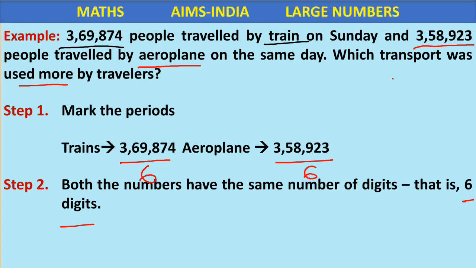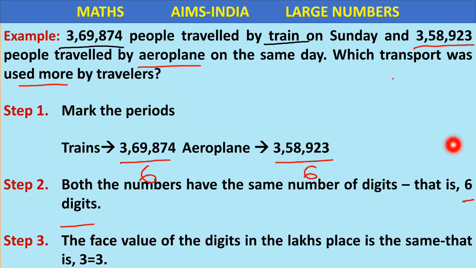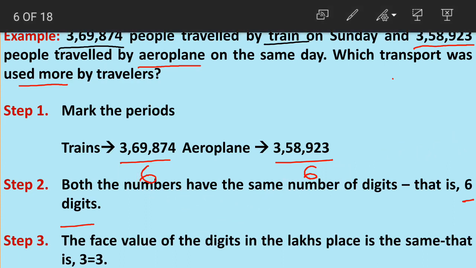Now what should we do? We should start comparing the digits in the highest place values, that is on the extreme left. Which digit is here on the extreme left? We have 3 here. And what do we have in the second number? We have 3 there also.